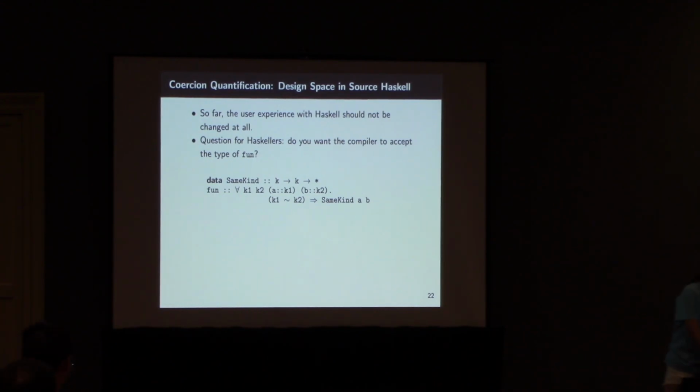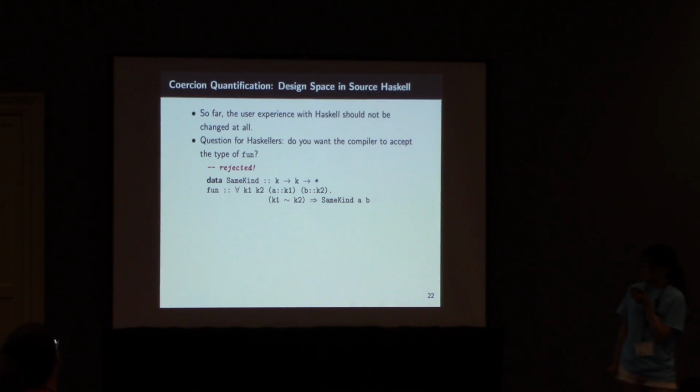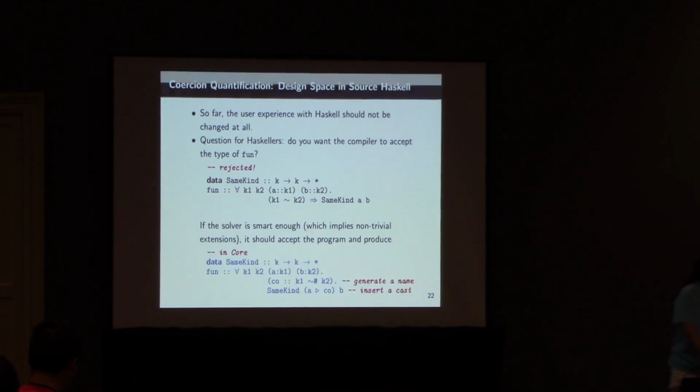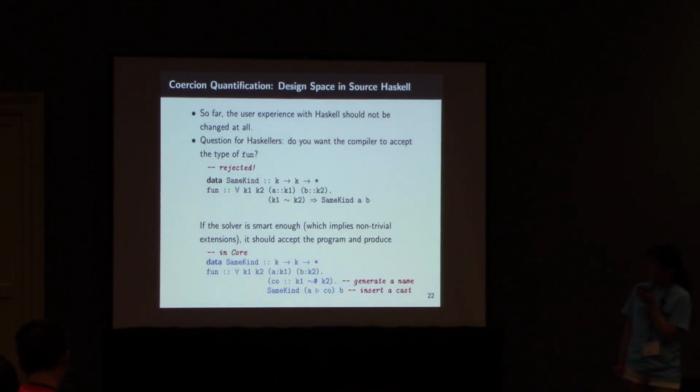Well, we want it to, but now it is rejected, because A and B are of different kinds. But if we have coercion quantification, and the solver is smart enough, it should be able to generate a name for this kind coercion, and then insert the cast for the type variable A to cast its kind from K1 to K2 and accept this program.